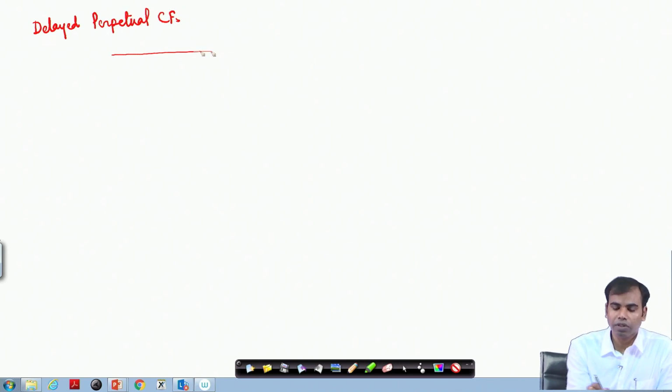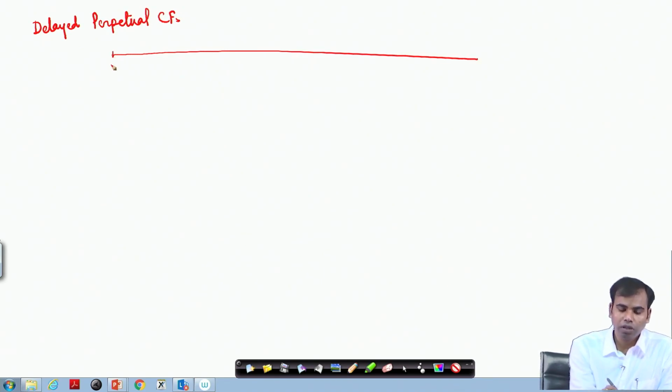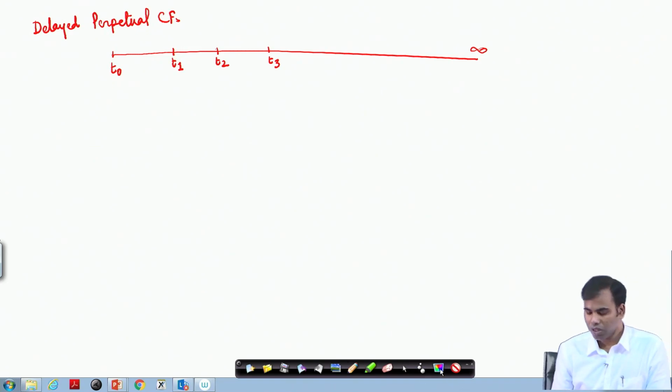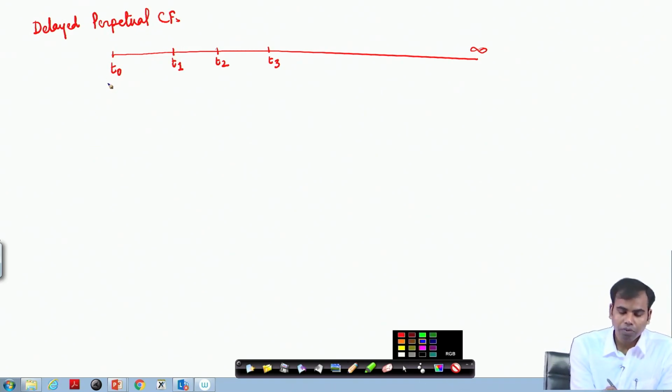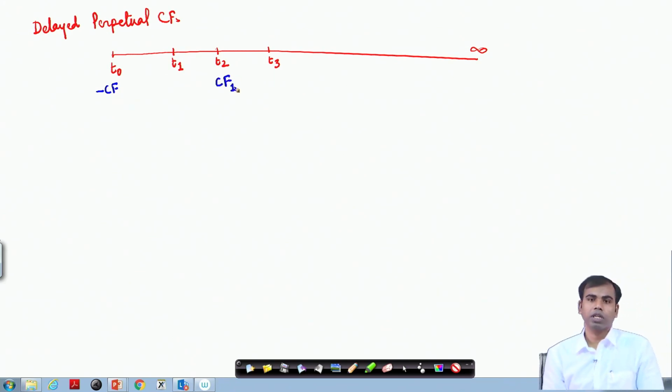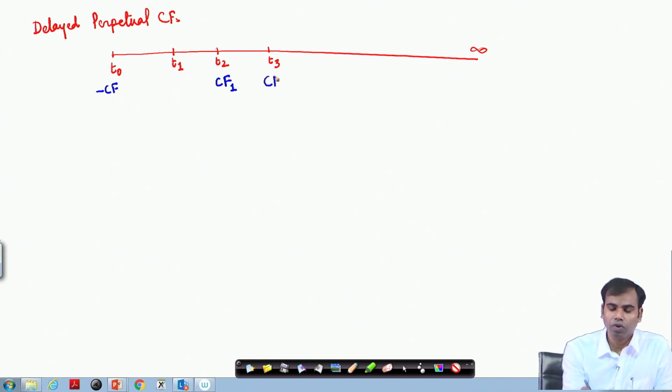For example, if you have a timeline where you are investing some amount of money today and the returns are being generated in future, the situation which is different here is that you have to invest some amount of money today, but the first amount of money that you generate is not at the time point of t1, rather t2, which means this is your first cash flow, and then second cash flow and so on.